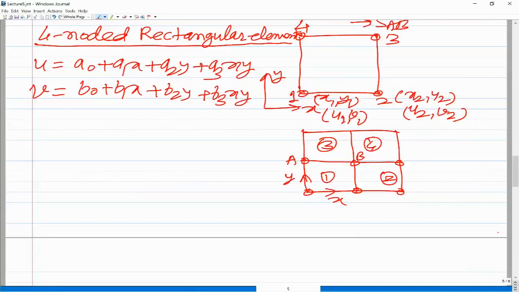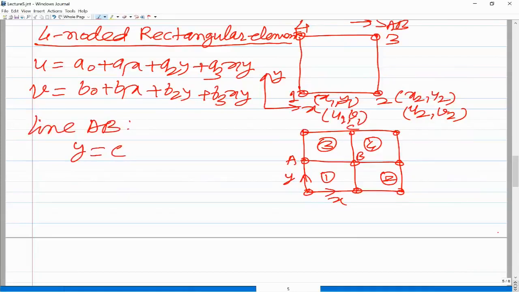So if you look at line AB, along line AB we have y equal to constant. If you look at line BC, then you will have x equal to constant. So you can have a similar argument.